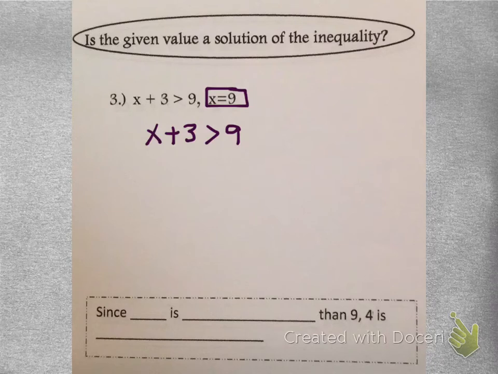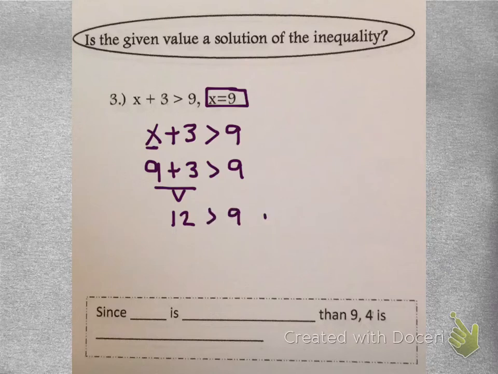So on our second step, remember, we take out this variable of x and we replace it with the x value they gave us, 9. 9 plus 3 is greater than 9. So then 9 plus 3 is 12. Is 12 greater than 9? Yes.